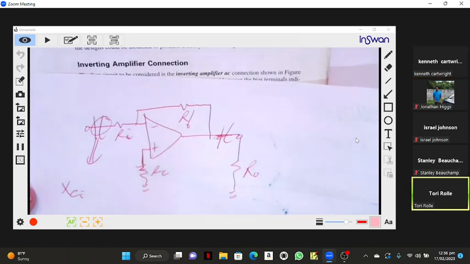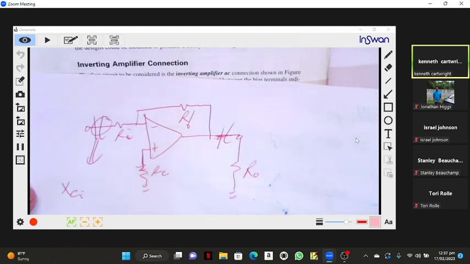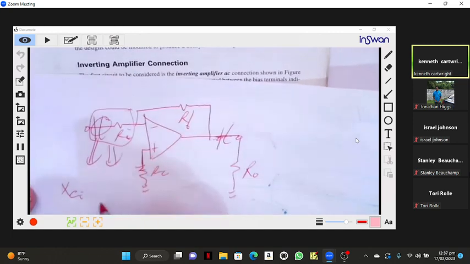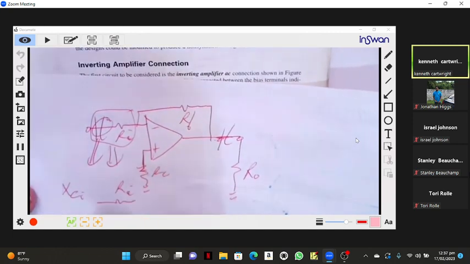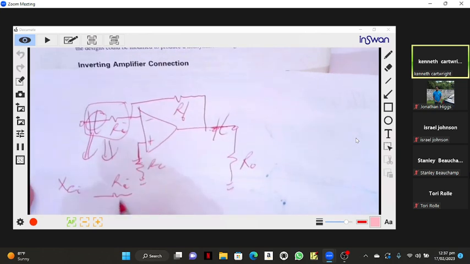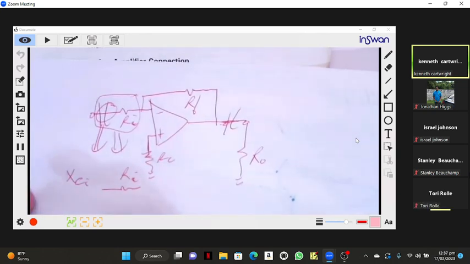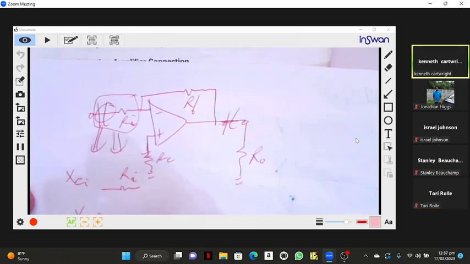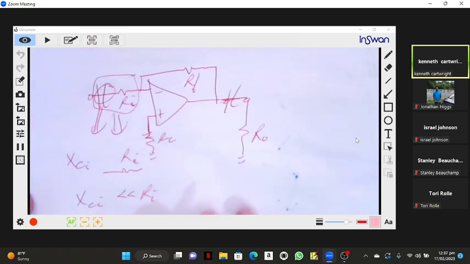Should it be as low as RI? No, it should be a lot smaller than RI because you want this entire combination to look just like RI. So you want XCI to be a lot less than RI.